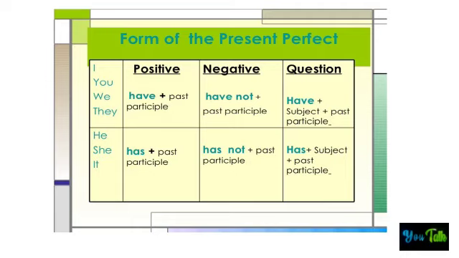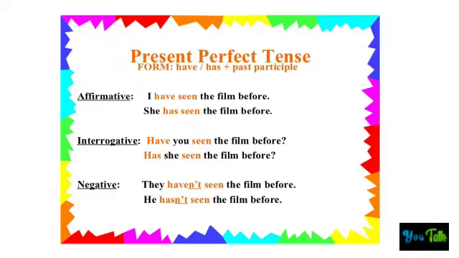She has plus the past participle. For the negative, we have not plus the past participle. It has not plus the past participle. For the question or interrogative form, have they plus the past participle. Has he plus the past participle.